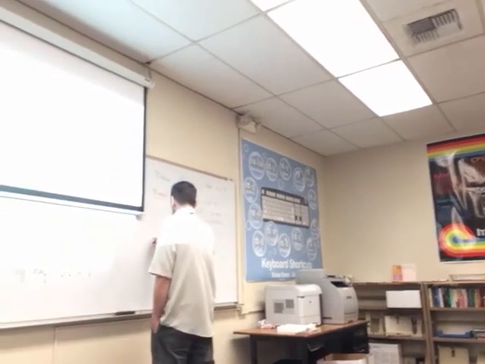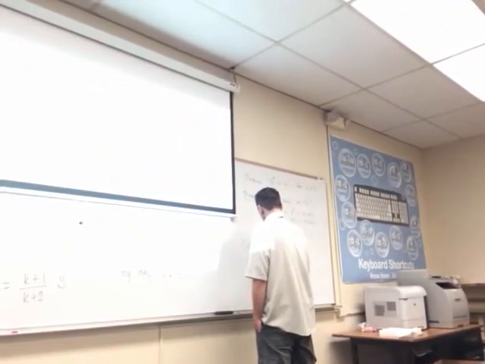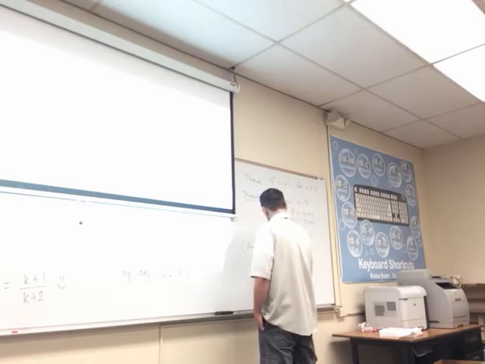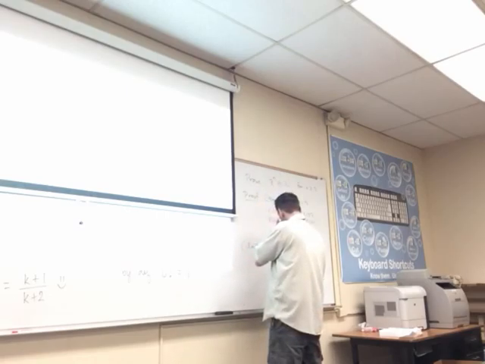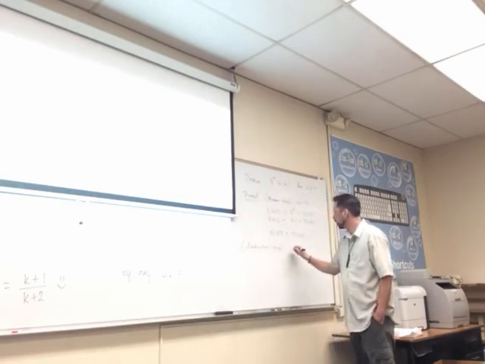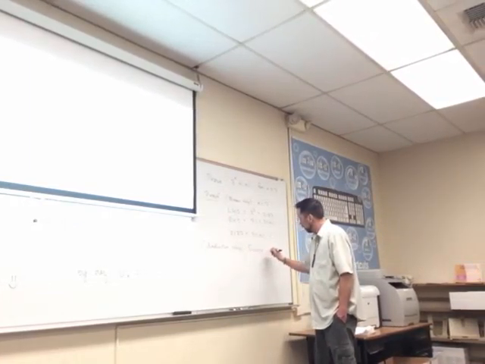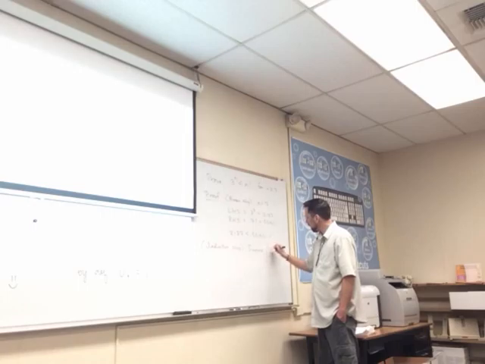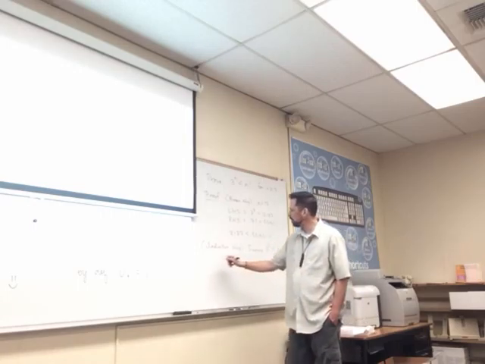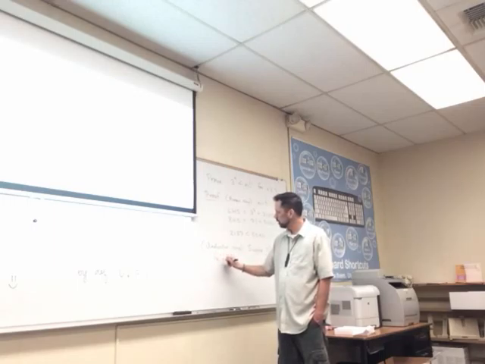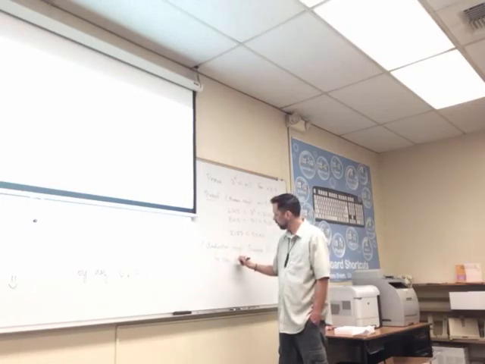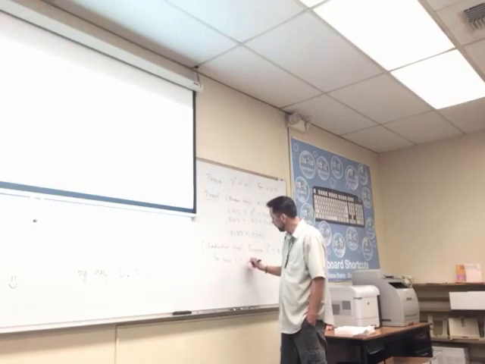Okay, now the inductive step. Suppose that 3 to the k is less than k factorial for some k greater than or equal to 7.